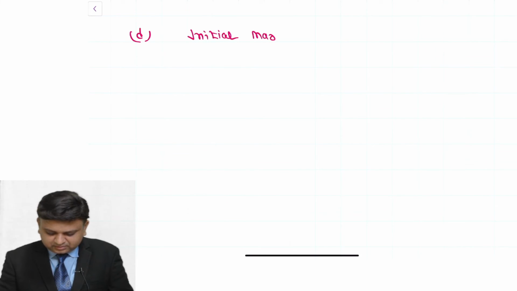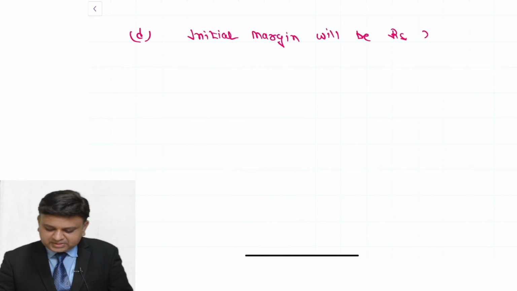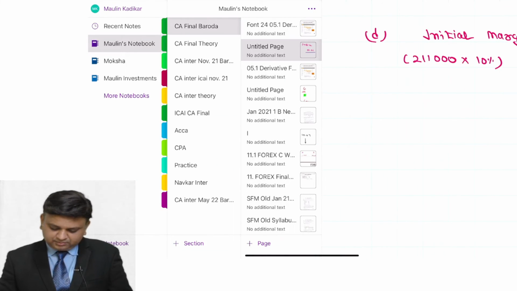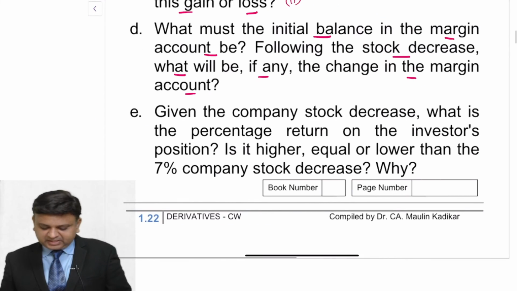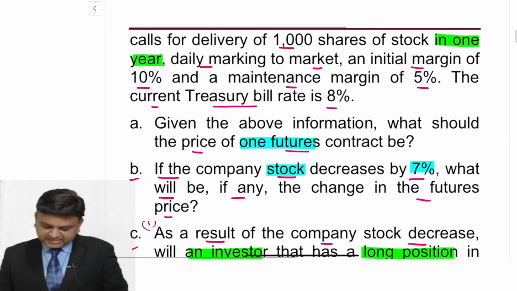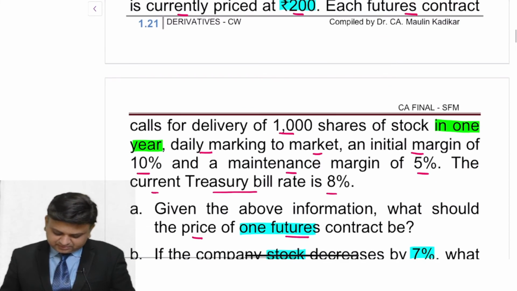Initial margin will be rupees 21,100. That is 2,11,000 into 10%. Because you can see that the question is providing clearly the information that the initial margin percentage is 10%.